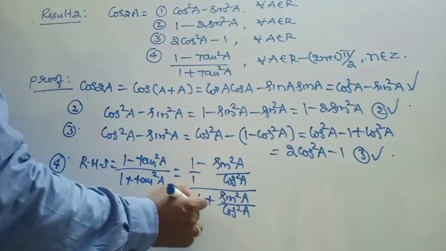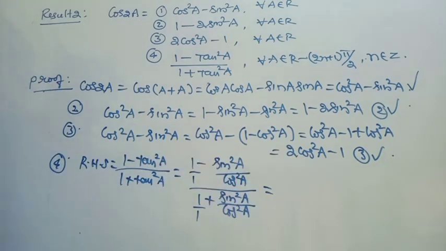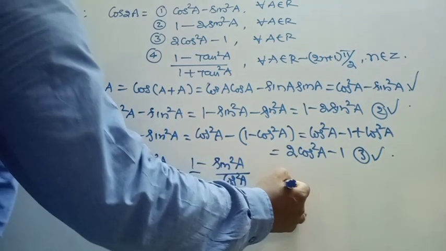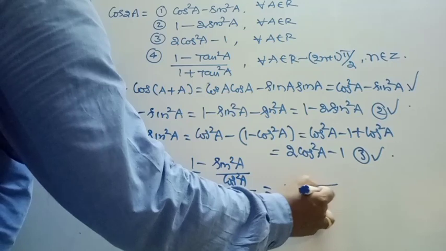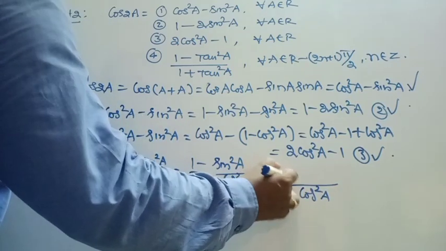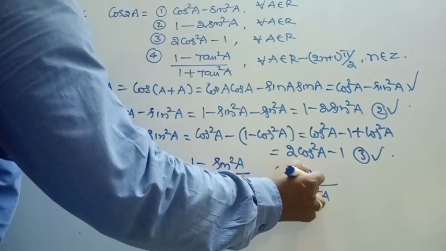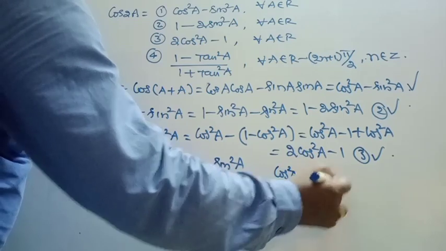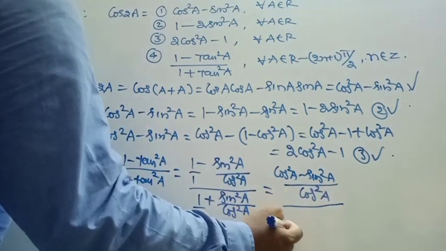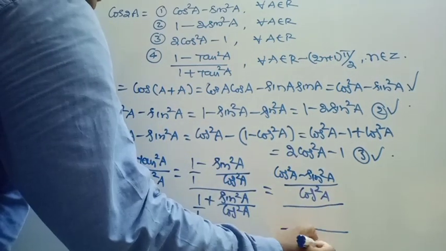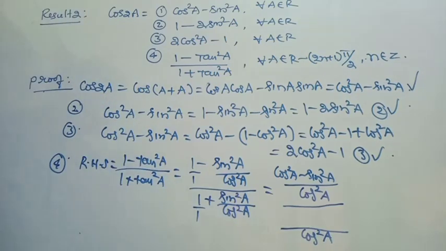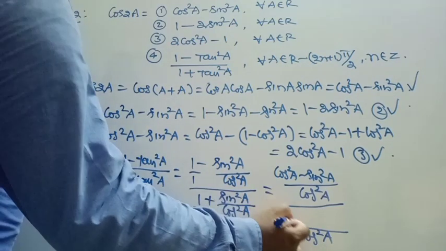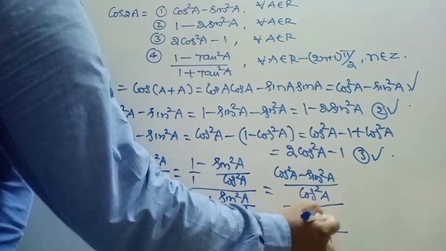Now let us try to take the LCM. Here it is cos square a. If you take the LCM, this becomes cos square a minus sin square a, whole thing divided by, here also cos square a, which becomes cos square a plus sin square a.